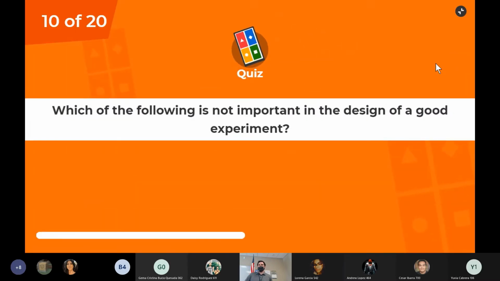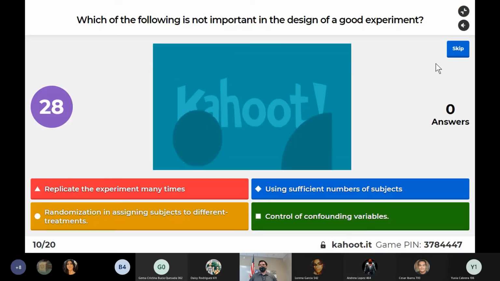Which of the following is not important in the design of a good experiment? Consider, what do we need in a good experiment?